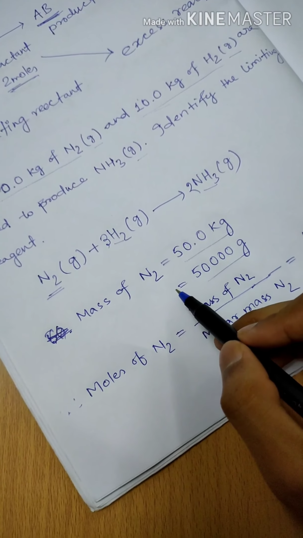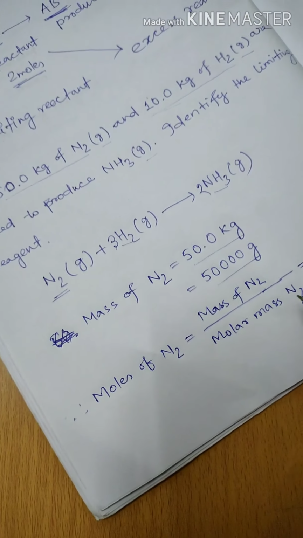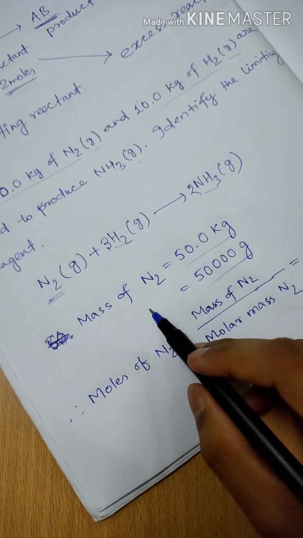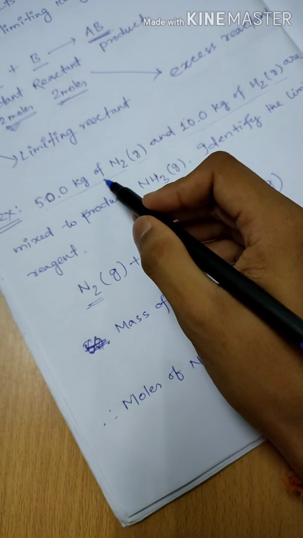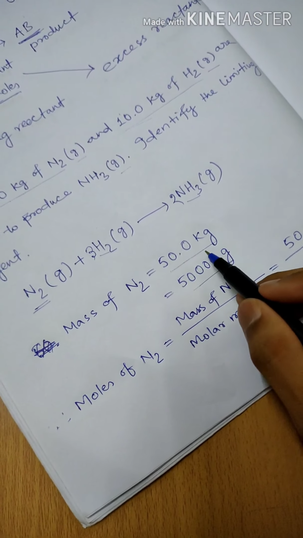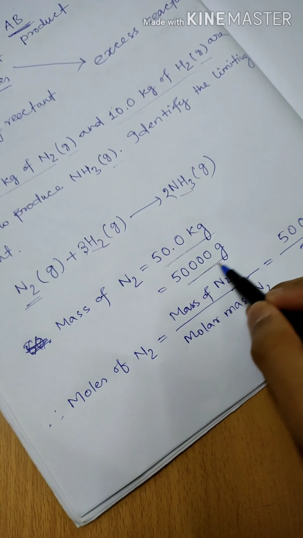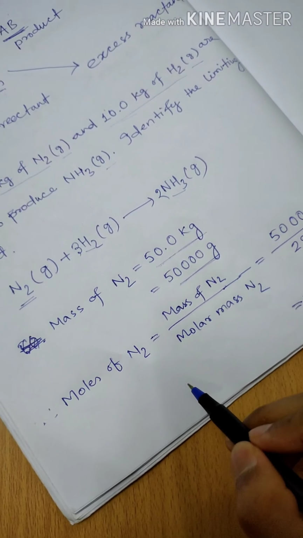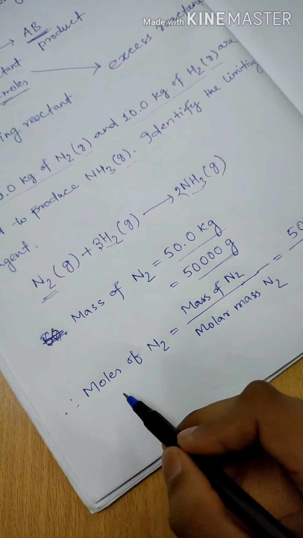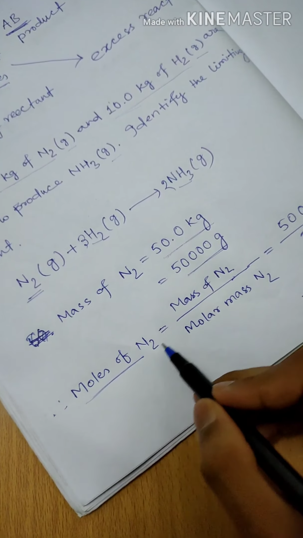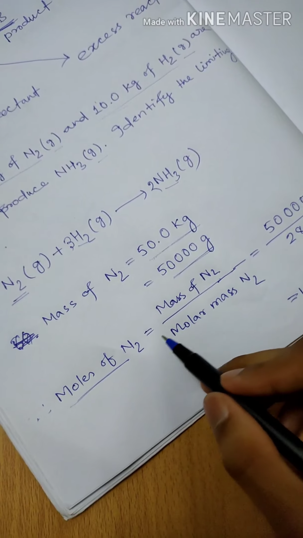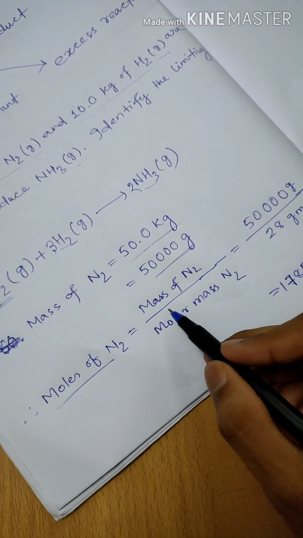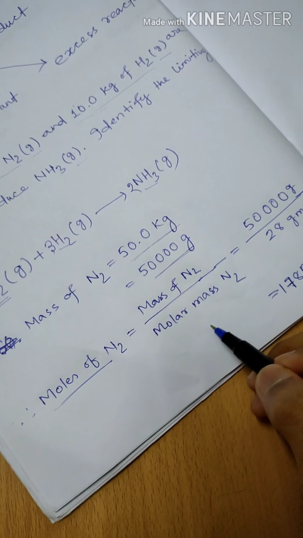So we have converted these amounts into moles. Now see here, mass of N2 is given as 50.0 kg. So first we have converted this into gram, from kilogram to gram. Now moles of N2, this is the formula to find moles: mass of N2 by molar mass of N2.